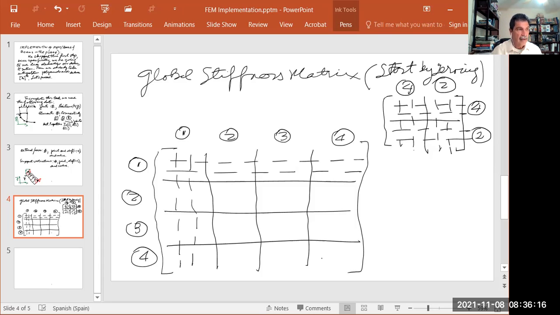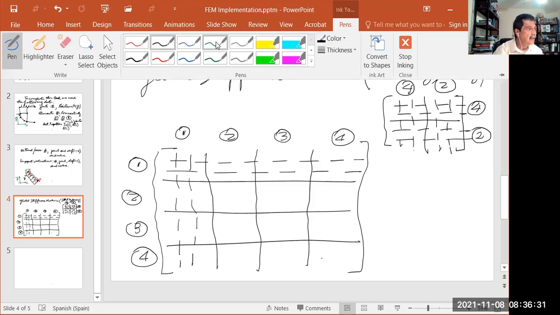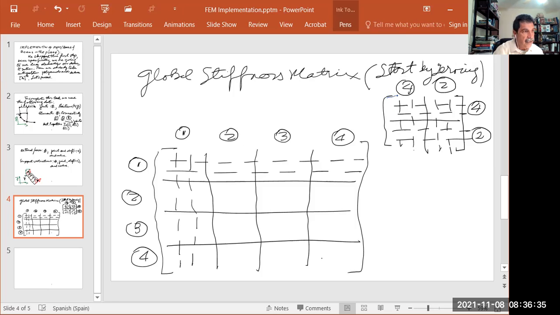But the stiffness matrix of this element has to be included in here in the global. So you recognize that this is position 4 and 4. So we go and take, let's change color, let's take blue. We take these 9 elements, and we add them in here.